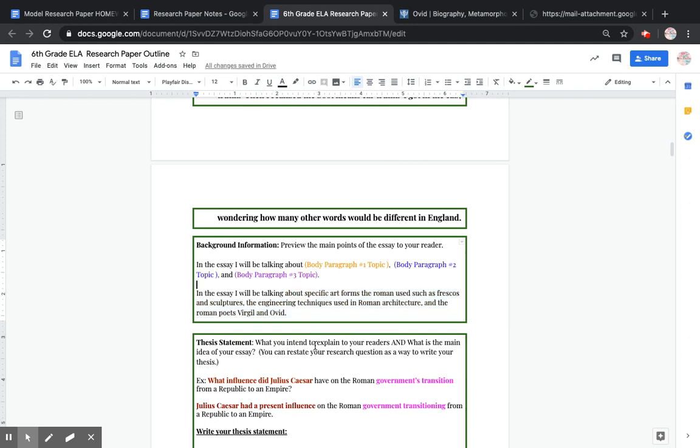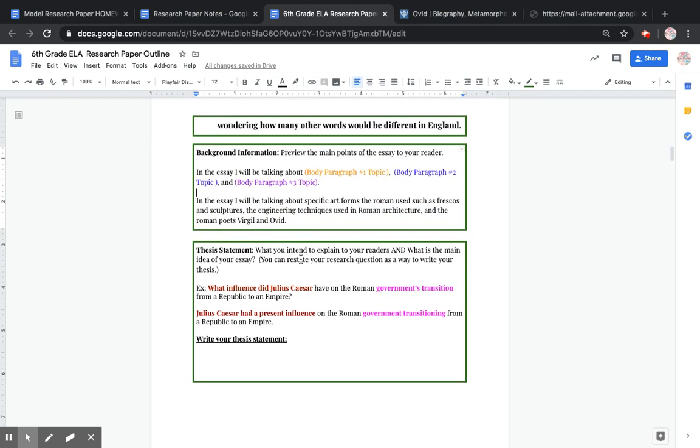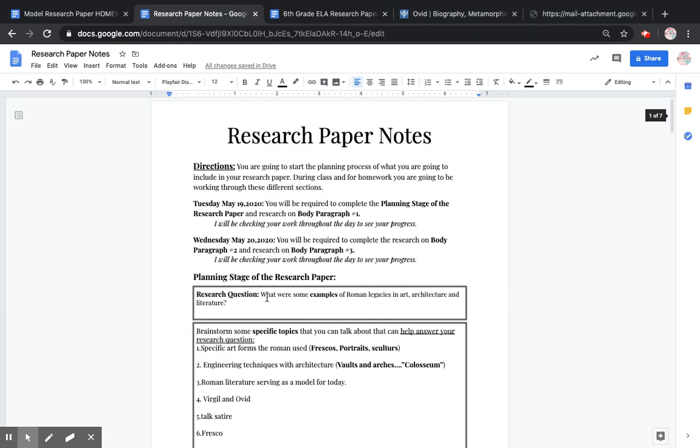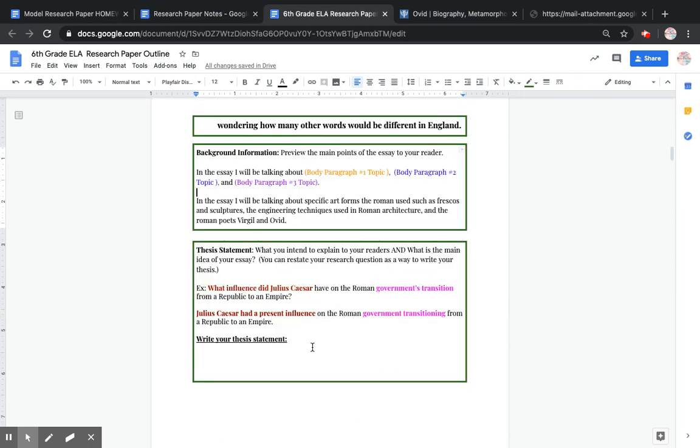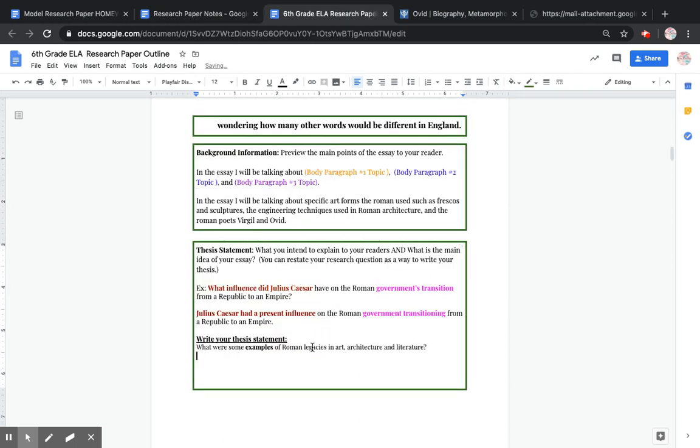And then down here, it talks about what you intend to explain to your readers and what is the main idea of your essay. For this one, you can restate your research question in a way to write your thesis. So let's go back to our research paper notes. At the very top here, I have my research question. So here, I'm going to put my research question just as a reference.